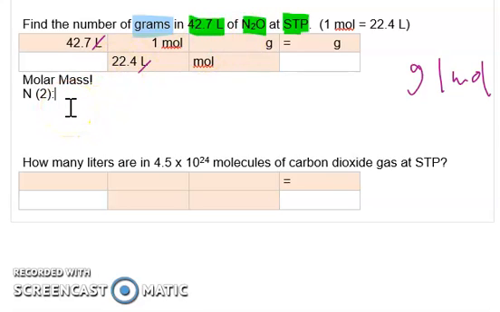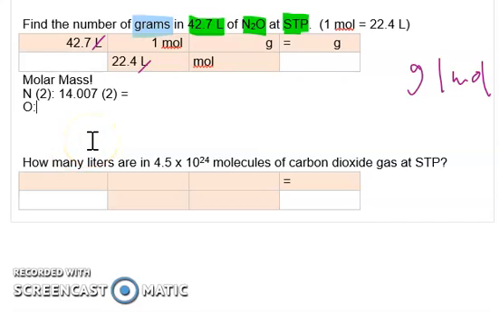So from looking at my periodic table, the mass of nitrogen is 14.007, but I have to multiply that by 2. Okay, I'll do that in a second. Let me write my oxygen next. So oxygen, I only have 1 atom of oxygen. There's no subscripts, no little numbers, so that just means 1 oxygen atom.